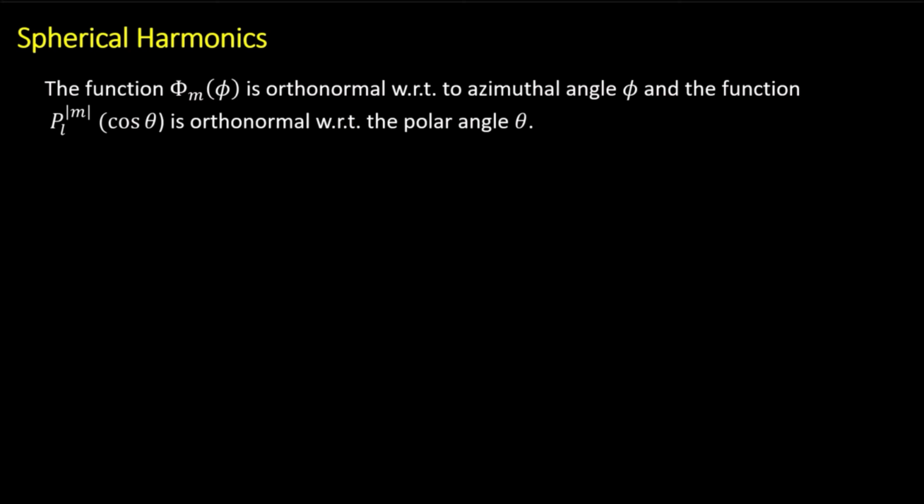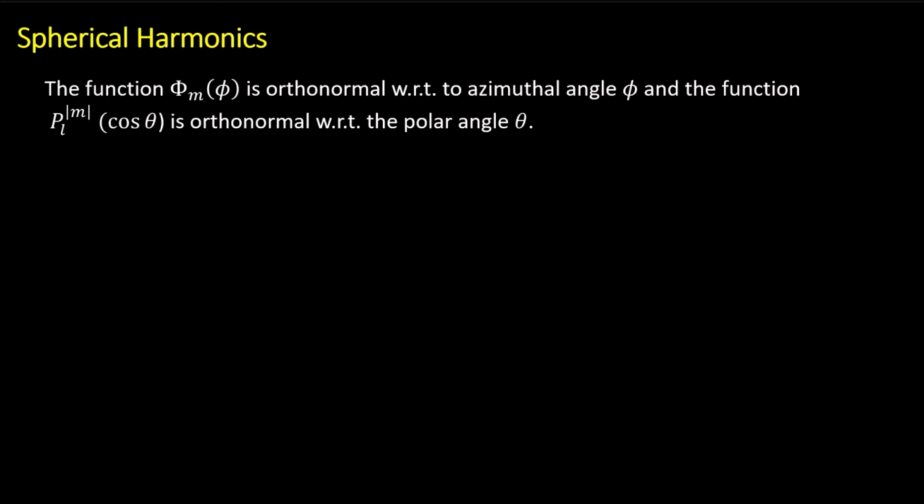We have seen the solution to these two parts of the wave function, the capital phi part and the capital theta part. For the capital phi, we have seen a function which is orthonormal with respect to the azimuth angle phi, and the solution to the capital theta part was the associated Legendre polynomial P_L^M cos theta, which is orthonormal with respect to the polar angle theta.